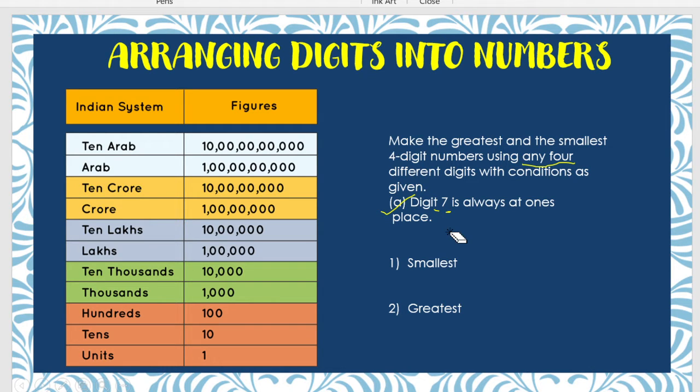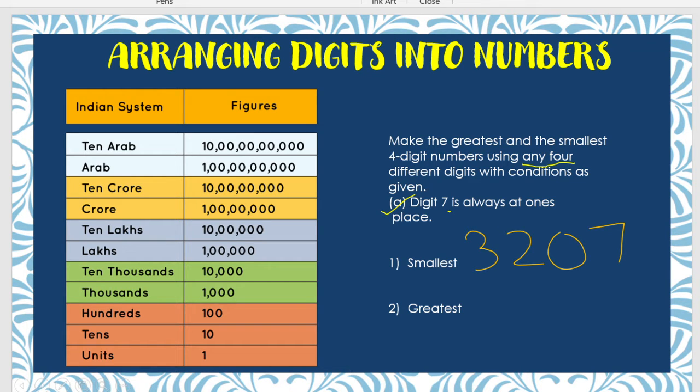So can you write any 4-digit number where 7 is on ones place? Your time is up. I am writing a number of my choice, that is 3, 2, 0, 7, where 7 is at ones place. This is the smallest number of my choice.